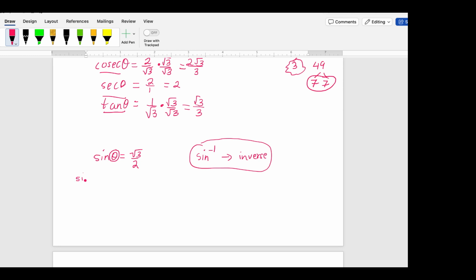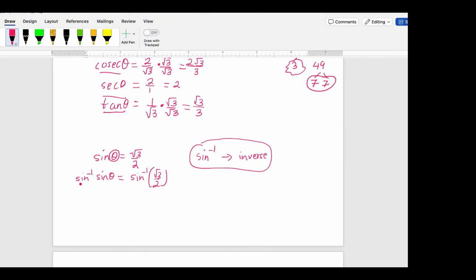So I'm going to get sine inverse, and then I'm going to copy this, sine theta equal, I'm also going to add sine inverse to the other side, and then I'm going to bring my root 3 over 2. So all I did was, once I found my value, I added sine inverse to both sides in this equation, because this is an equation.